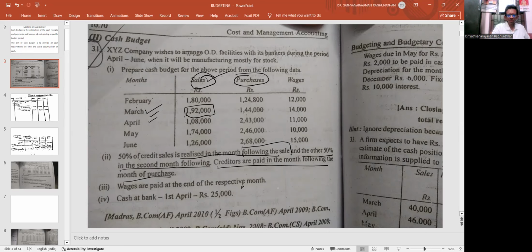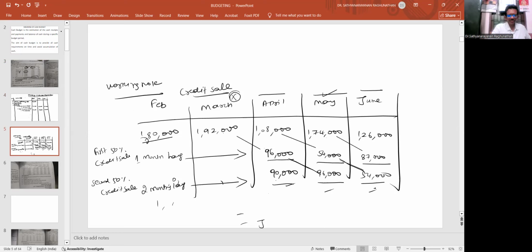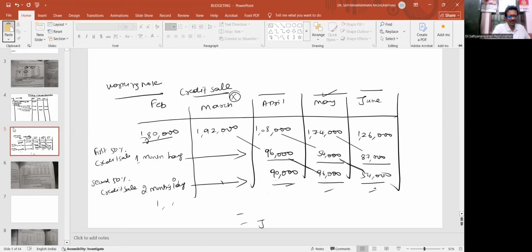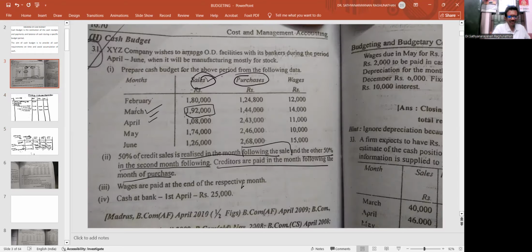Okay. Now, directly I am telling. Working hours is not at all needed. Here we are preparing the cash budget for the month of April, May, June.